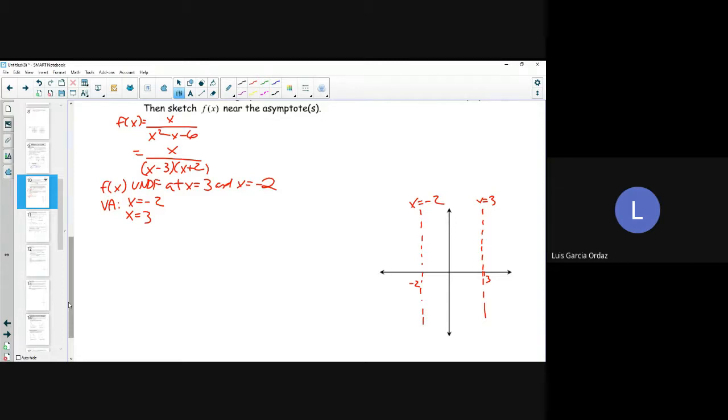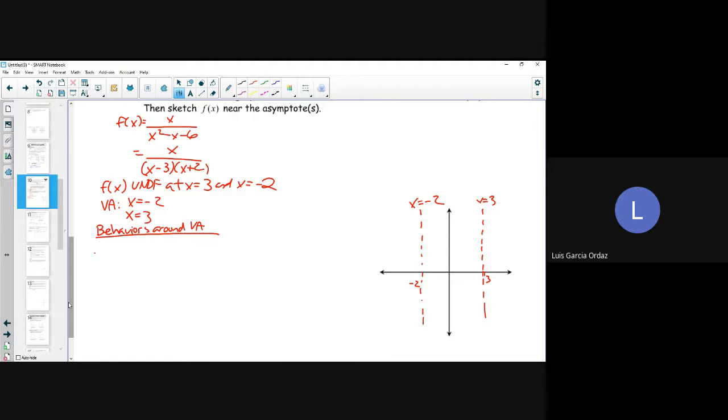So I now need to determine my behaviors around my vertical asymptotes. So I'm going to have two limits, one with x approaching 3 from the right and one approaching 3 from the left, and then one approaching negative 2 from the right and negative 2 from the left.